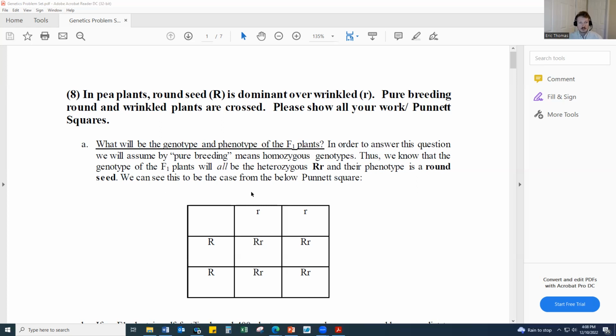Now the question is, what is the genotype of F1 plants? Well, if it's capital R and lowercase r, that is the genotype. And that means their phenotype is a round seed.